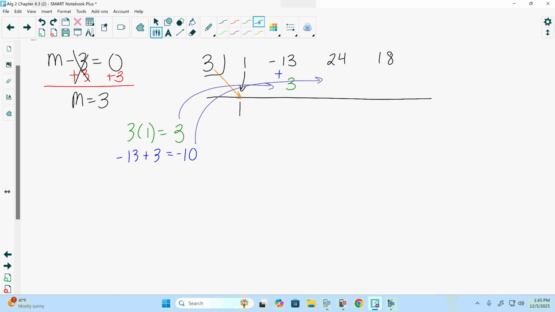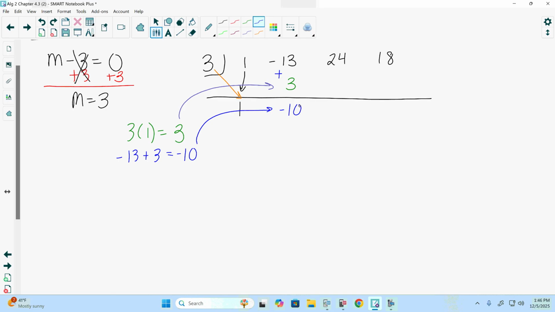And we take that negative 10, nope, wrong spot, and we're going to put it under the line right underneath it. Negative 13 plus 3 is negative 10, so it drops below the line. Questions on this so far?